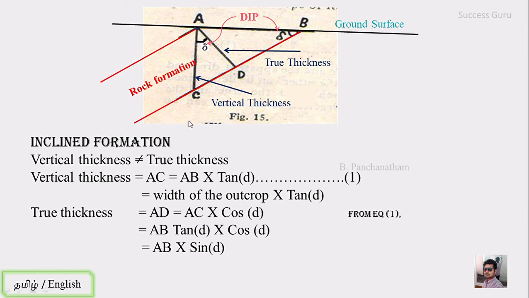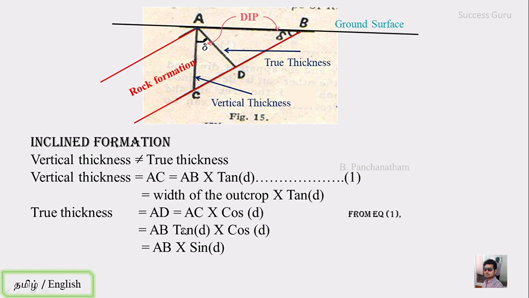So if you calculate the AC value in the earlier step, you can simply substitute it, and theta will be the dip of the formation, and you have to find the cos of it. So you can find it this way, or you can also apply this in equation 1 without finding the vertical thickness. You can find it with the help of AB into sine theta, because we know that tan theta is equal to sine by cos. You remember that, right?